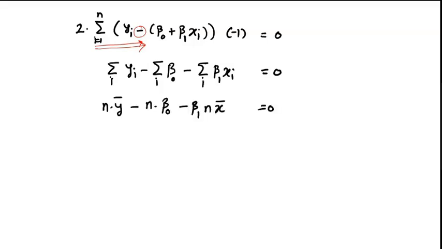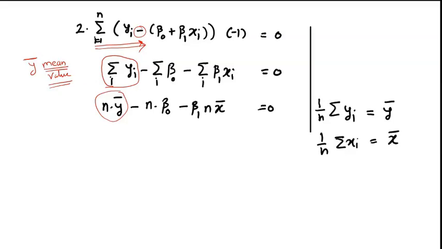Now see what I am doing is, for this particular term, I am writing this term where y bar is the mean value. What is y bar? Y bar is representing the mean, which is nothing but the summation of all y's, that is, i equal to 1 to n, summation of all y's divided by n.